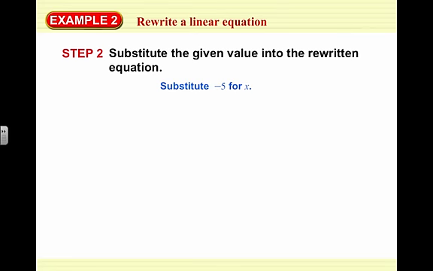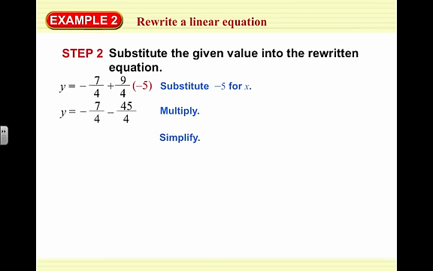So we're going to substitute negative 5 for x. So where we had x before, now we have negative 5. So 9 times negative 5 gives us negative 45/4 plus negative 7/4. Let's see, that's going to give us negative 52/4, which reduces down to negative 13.